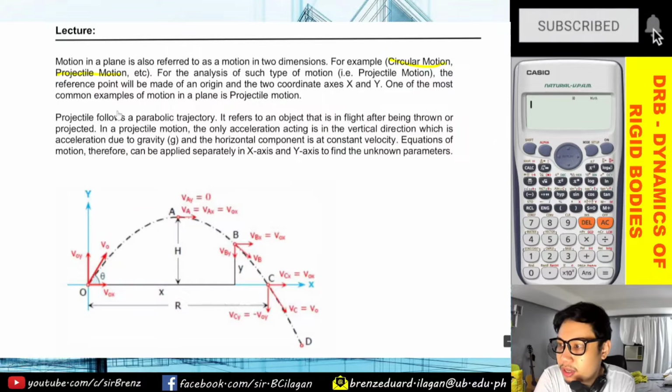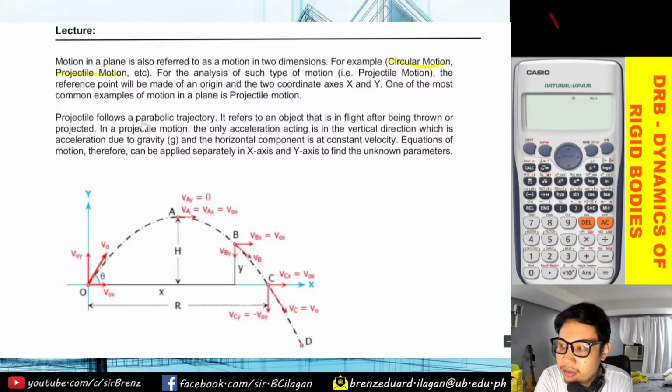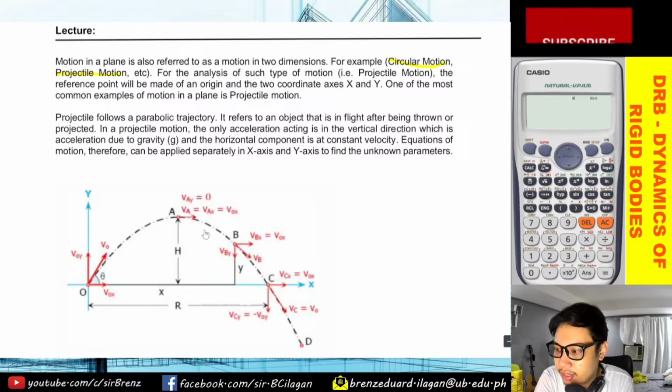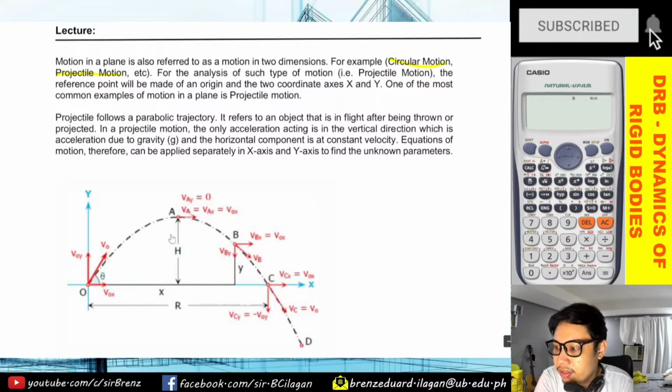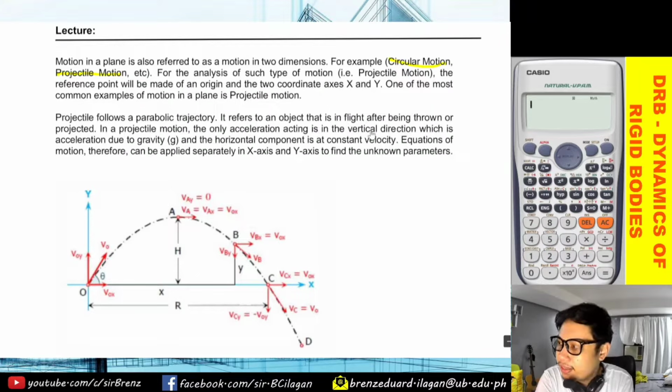So one of the most common examples of motion in a plane is projectile motion. So ano ba yung projectile? So guys, ang projectile, it follows a parabolic trajectory. So just like in this diagram, kung mapapansin nyo, yung trajectory niya is in a parabolic shape. So, it refers to an object that is in flight after being thrown or projected.